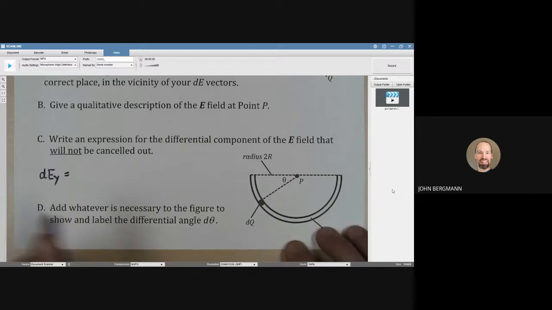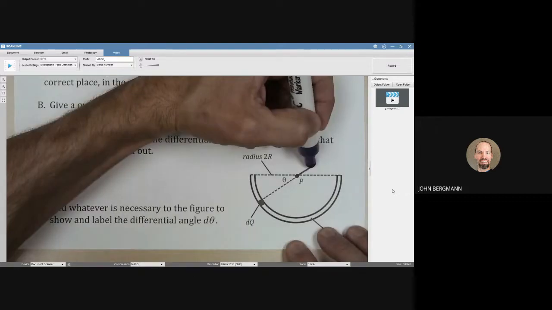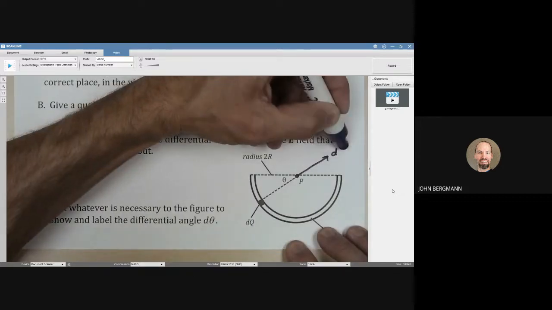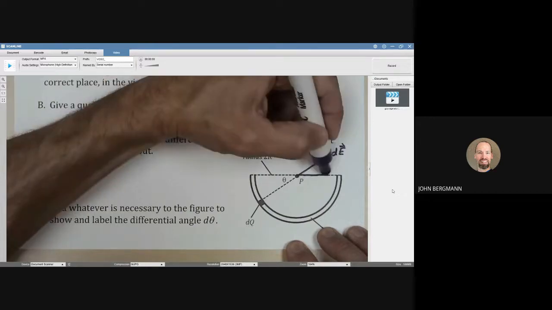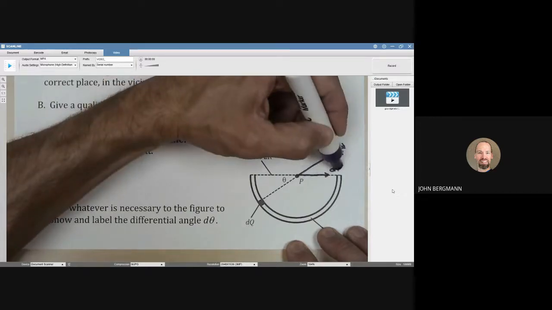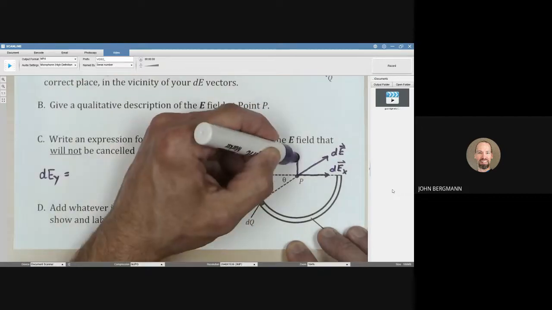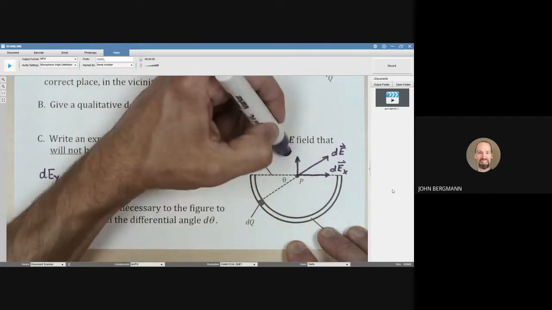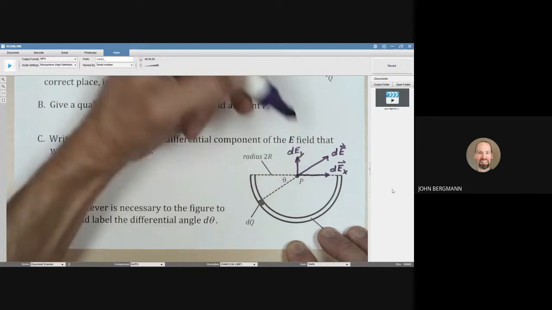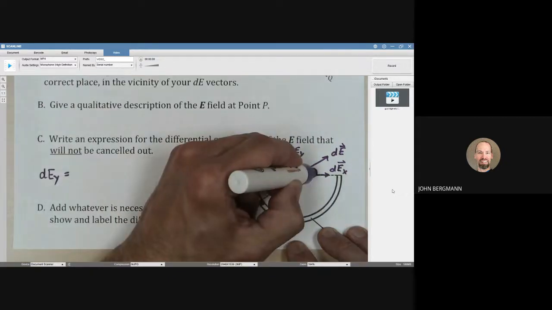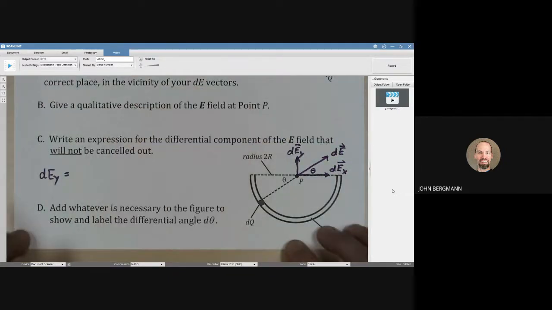Well, let me redraw what we had here. There's dE right there. dEx is right there. All of those end up canceling. So what we're really interested in is this dEy right here, and then there's a little theta right there. So what's dEy?